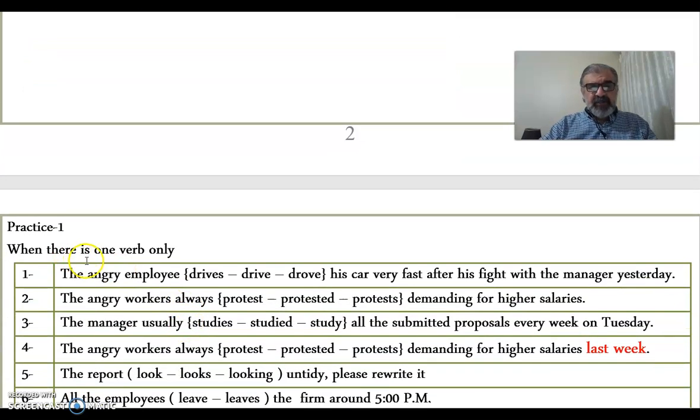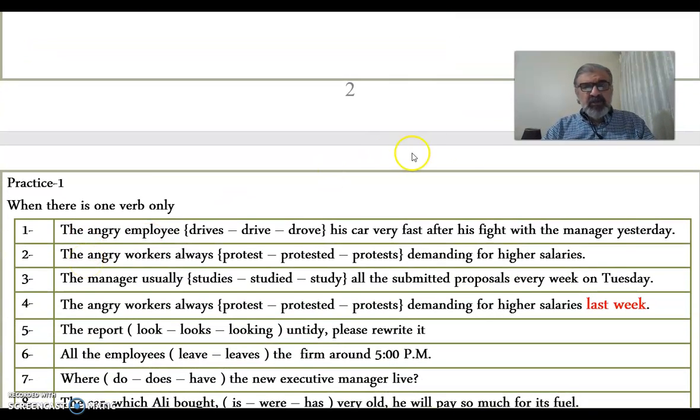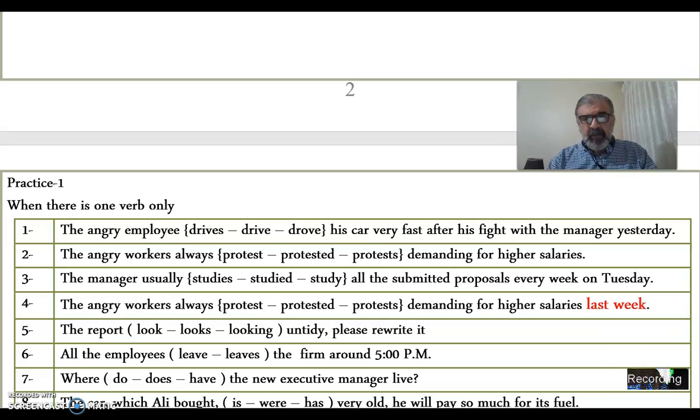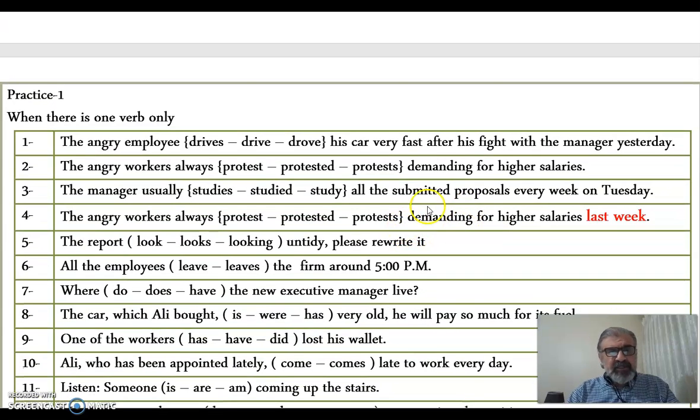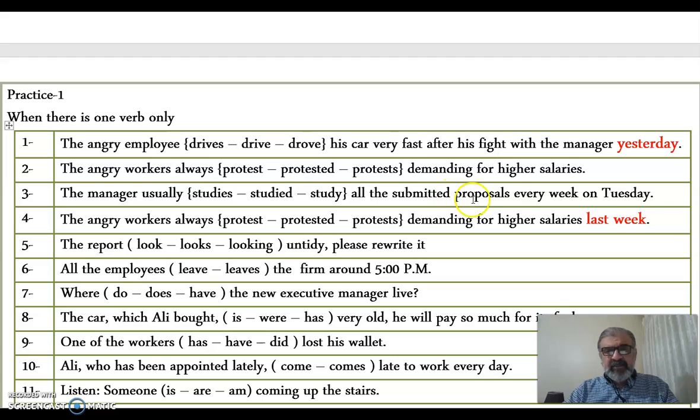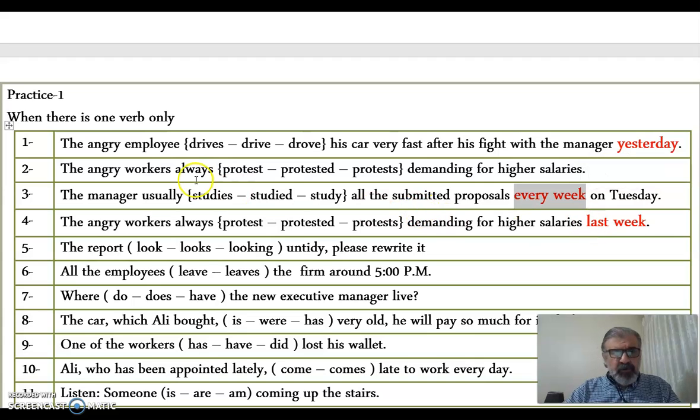Now, with regard to the practice, this is an easy one, by the way. I would like you to follow with me. I would like to draw your attention to the fact that whenever you read a sentence, always read it till the end and look for clues. As in this case here, and in this case also, every week. So before you start answering, look for clues.